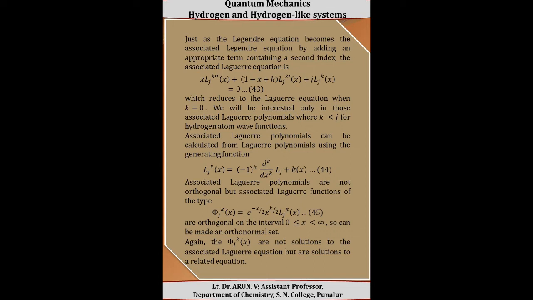The associated Laguerre polynomials can be calculated from the Laguerre polynomials using L_j^k(x) = (−1)^k d^k/dx^k L_(j+k)(x). The Laguerre polynomials are not orthogonal, but the Laguerre functions of the type φ_jk(x) = e^(−x/2) x^(k/2) L_j^k(x) are orthogonal in the interval x between 0 and infinity, and this can be made an orthogonal set.